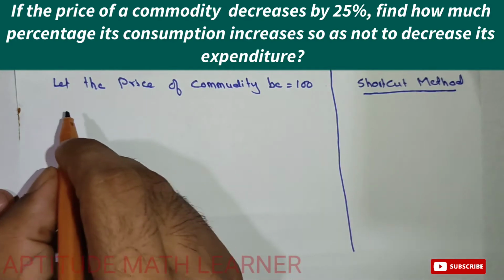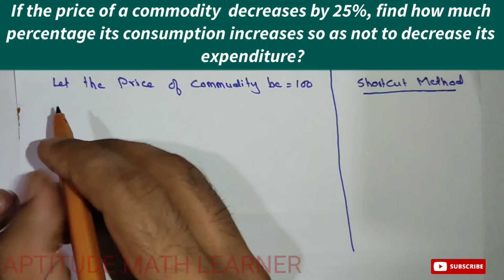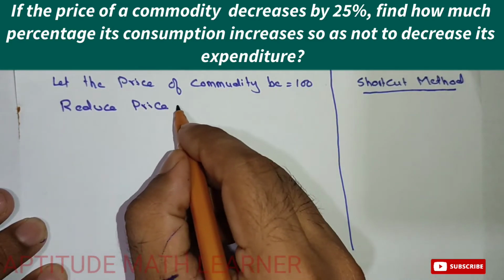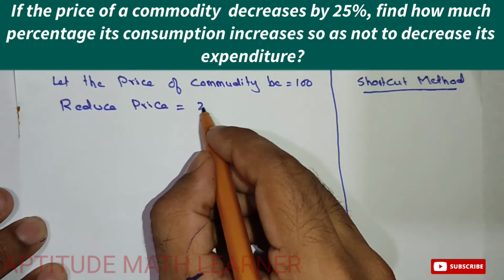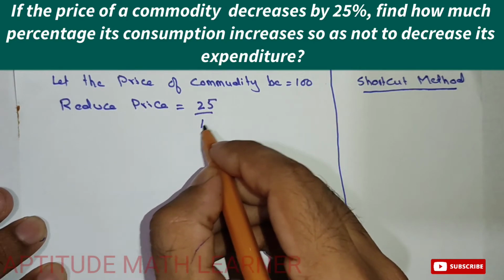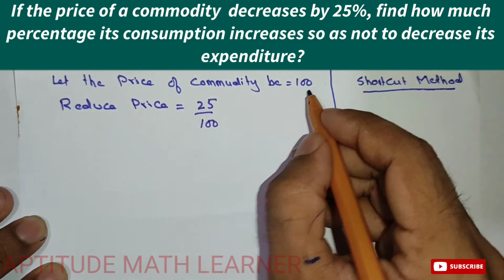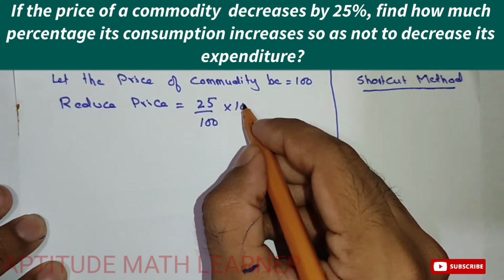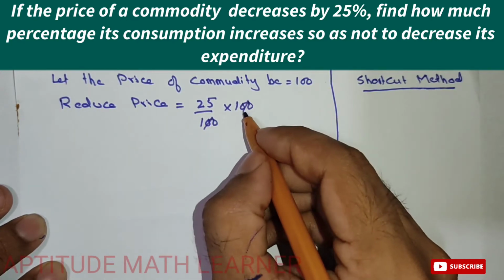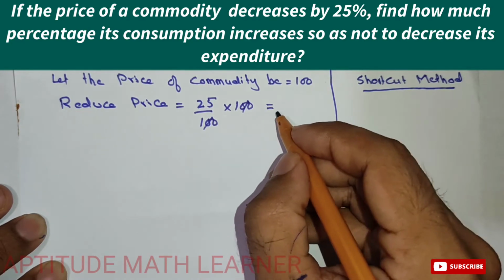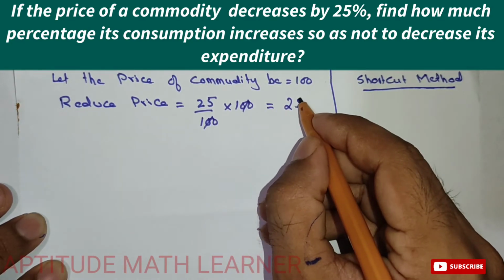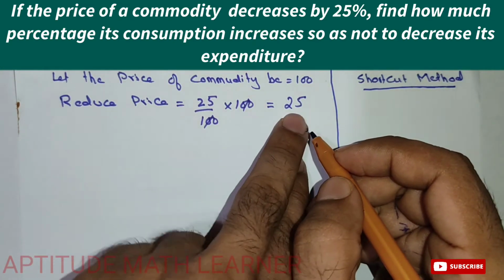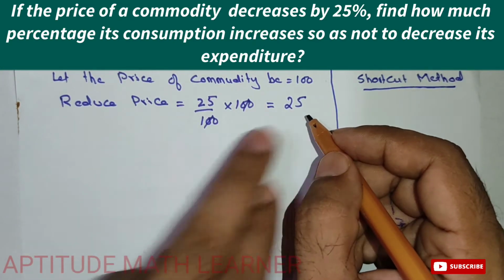So the reduced price will be 25% of the old price, that is 100. So 100 and 100 cancel out and we have now got rupees 25. So this is reduced. How much is reduced? That is 25.